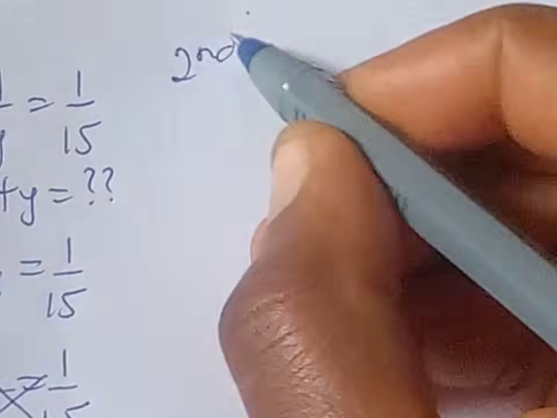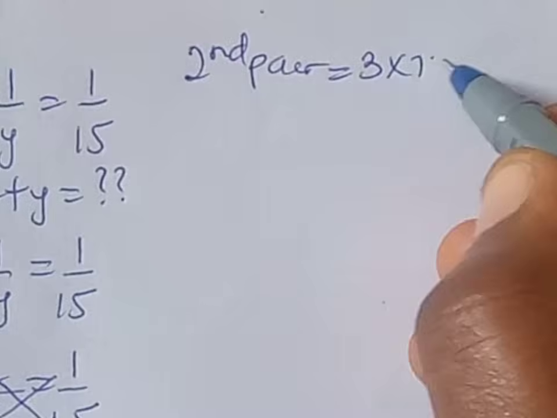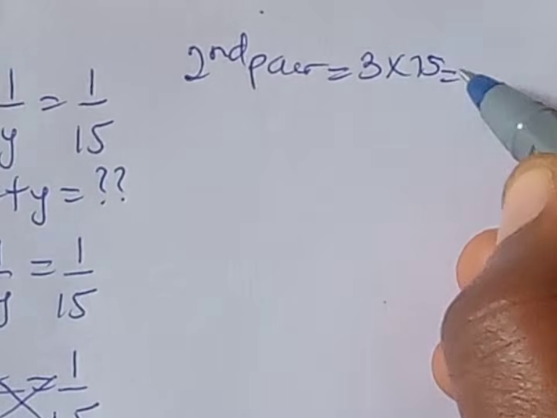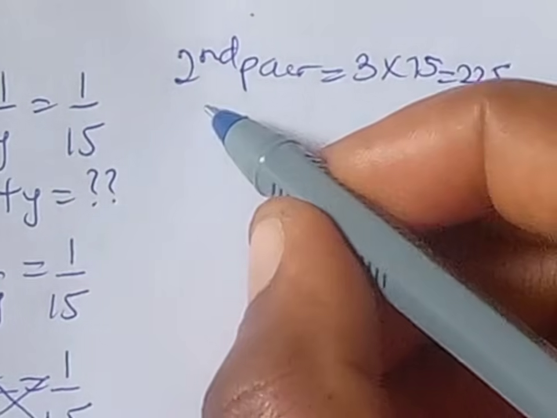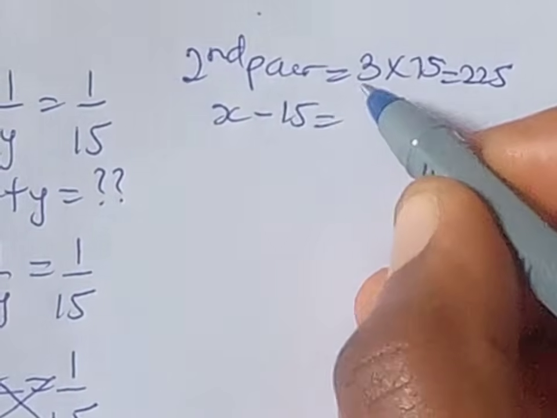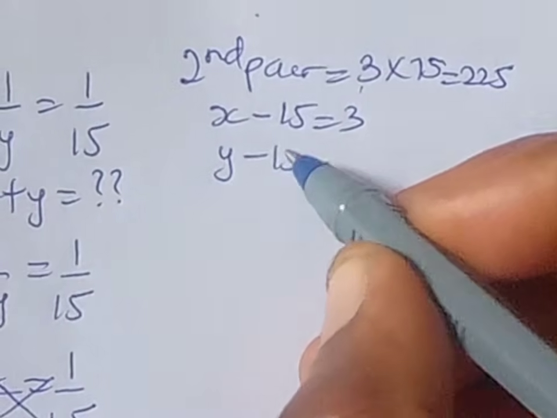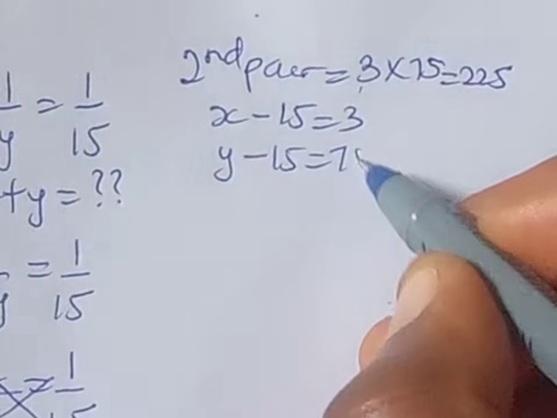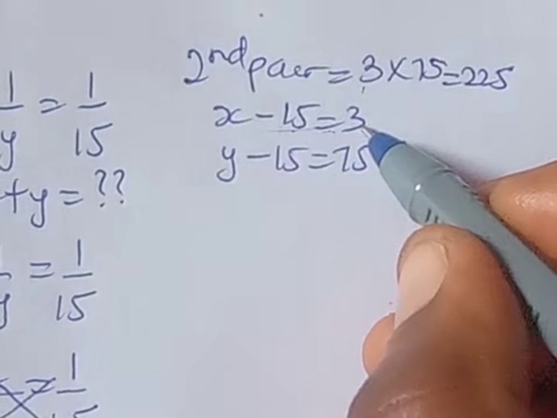Let's look at the second pair. The second pair says 3 times 75 equals 225. So x minus 15 equals 3 and y minus 15 equals 75. So let's start with this. X minus 15 equals 3.